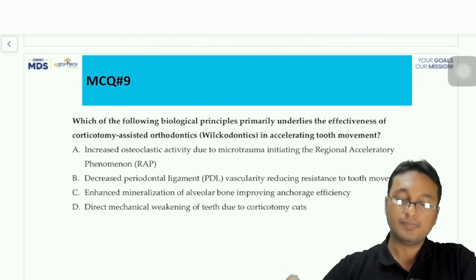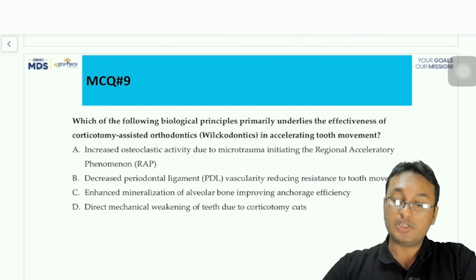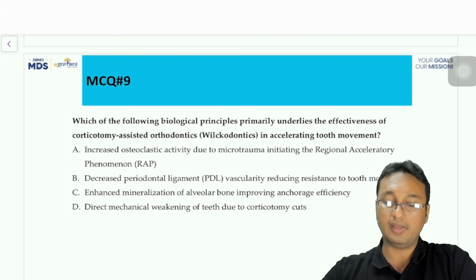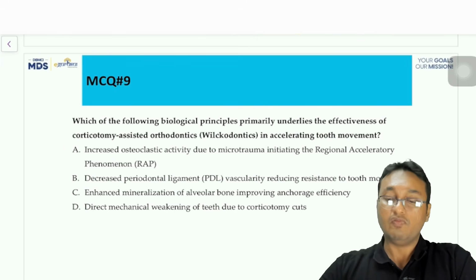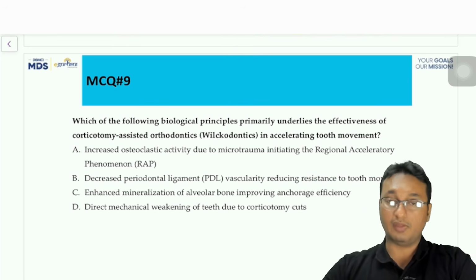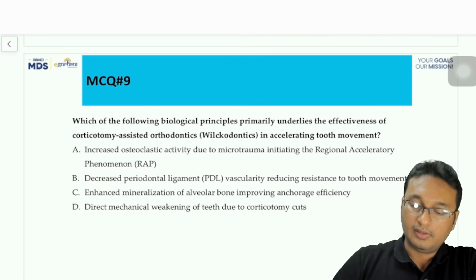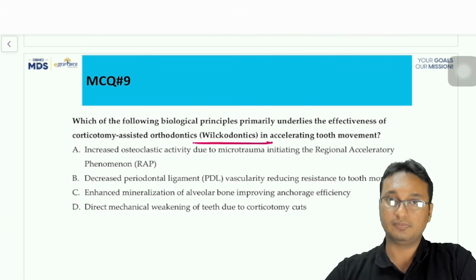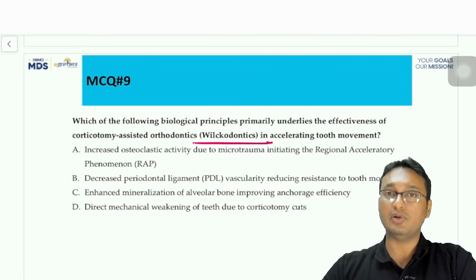Next, which of the following biological principles primarily underlies the effectiveness of corticotomy assisted orthodontics, that is Wilcodontics, in accelerating tooth movement? Now, Wilcodontics, we have again talked about it earlier. It's a process to accelerate the biological tooth movement. It was first described by Wilco and Wilco.